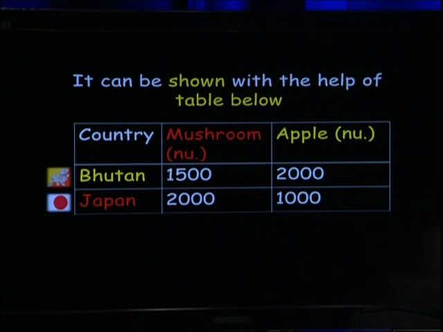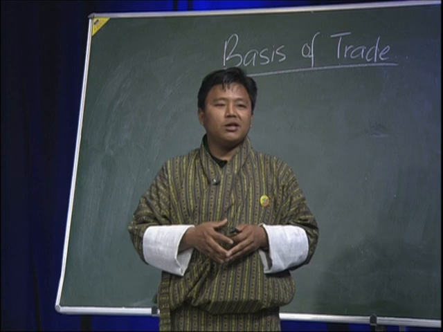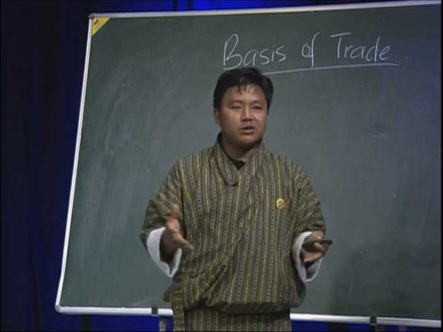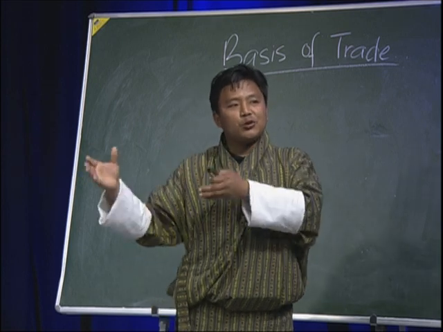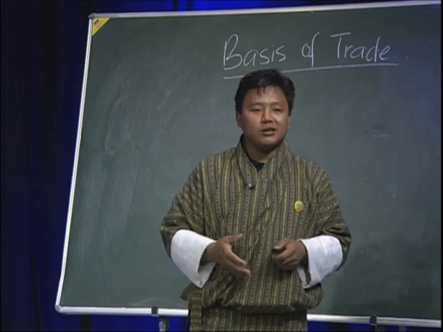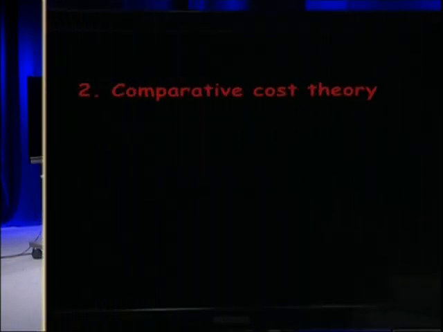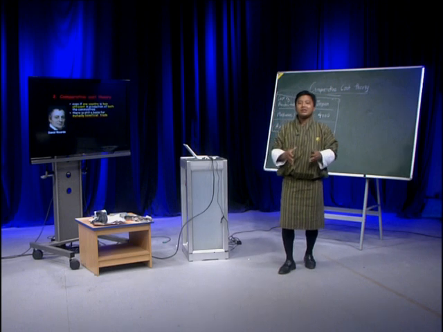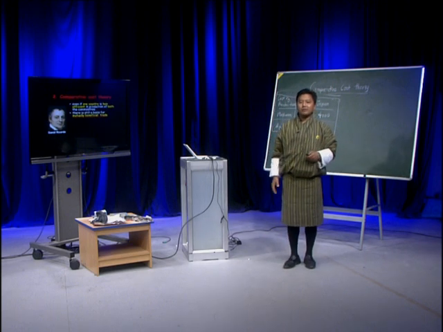So with this, we are done with the absolute cost theory. Now let us move to the next theory, that is comparative cost theory. Let us define comparative cost together.